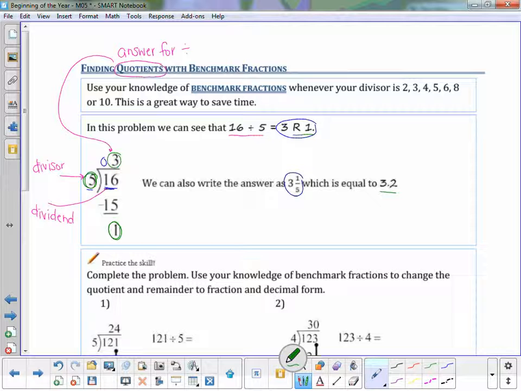Okay? Now, the last way that we can report our answer is as a decimal. And today we're not going to get in too much with being able to describe how to go from a fraction to a decimal. So I have this chart over here for you to help you. Okay? But if I find 1/5 on our chart over here, it is equivalent to 0.2 or 2/10.